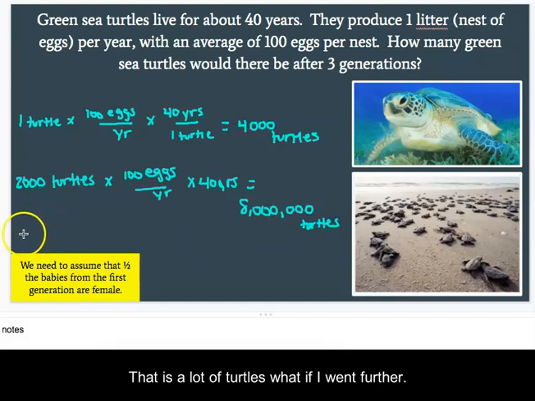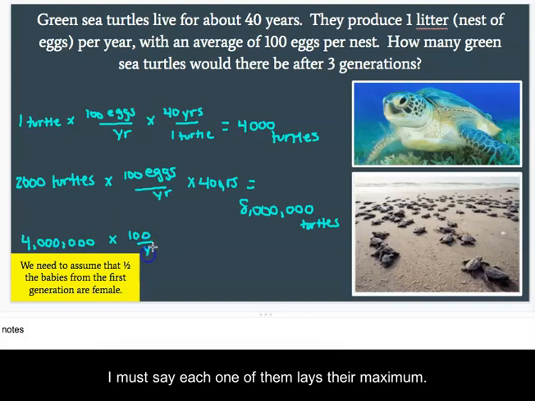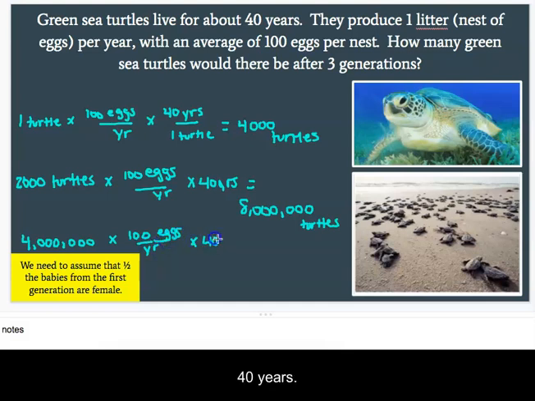What if I went further? Next generation, half of them are female, and let's say each one of them lays their maximum number of eggs a year for 40 years.